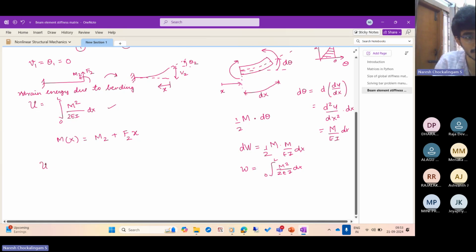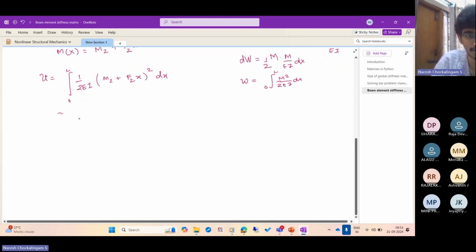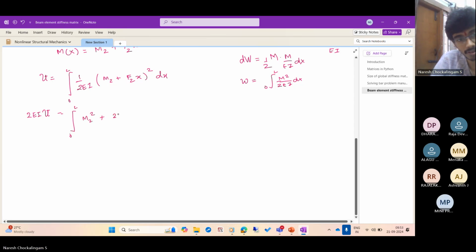So now what do you have? You have integral 0 to L of 1 by 2EI (M2 plus F2x) square dx. Expand the summation, you get some terms like this. Let me bring the 2EI to the left. So 2EI U is equal to integral 0 to L of M2 square plus 2 F2 M2 x plus F2 square x square dx.